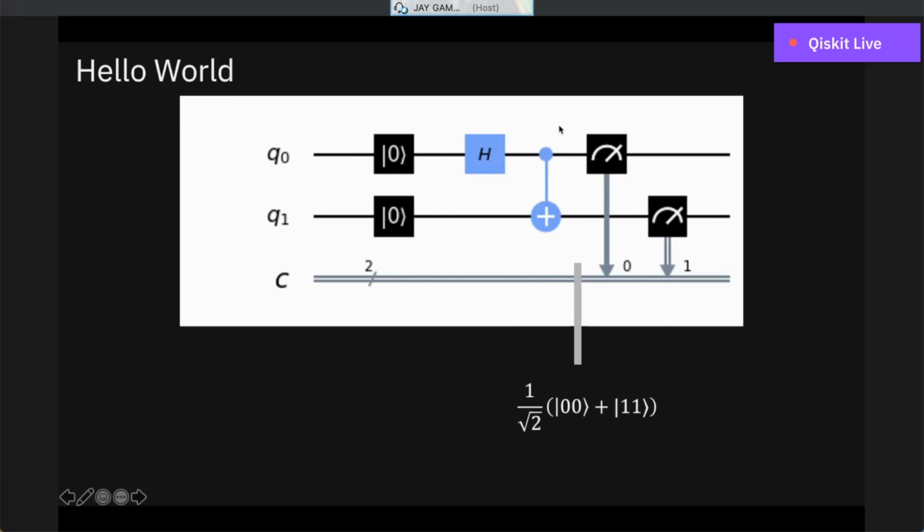Now, after we apply CNOT, we create the state 0, 0 plus 1, 1, and this is the entangled state. So here, if I measure the first qubit in 0, I know the other qubit is in 0. If I measure the first qubit in 1, I know the other qubit is in 1. So you get this correlation that cannot be explained by its local parts.